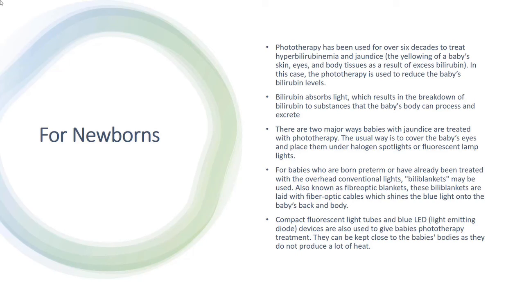These blankets are laid with fiber optic cables which shine the blue light onto the baby's back and body. Compact fluorescent light tubes and blue light emitting diode devices are also used to give babies phototherapy treatment. They can be kept close to the babies' bodies as they do not produce a lot of heat.